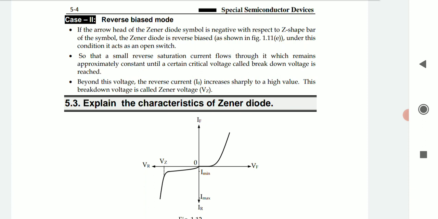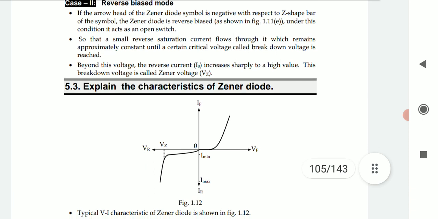Under this condition, it acts as an open switch, so that a small reverse saturation current flows through it, which remains approximately constant until a certain critical voltage called breakdown voltage is reached. Beyond this voltage, the reverse current increases sharply to a high value. This breakdown voltage is called Zener voltage.